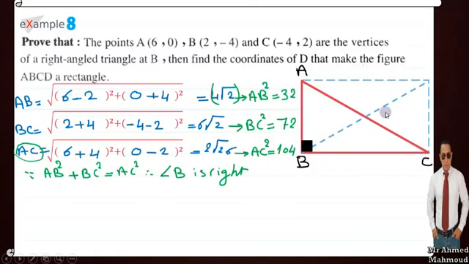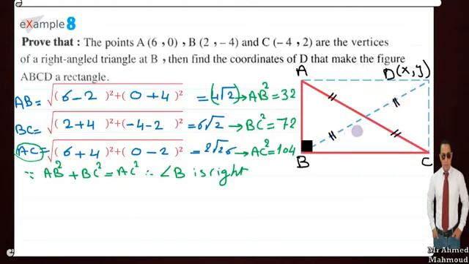And this is of course the point D. And I will draw the other diagonal. Here D equals (X, Y).